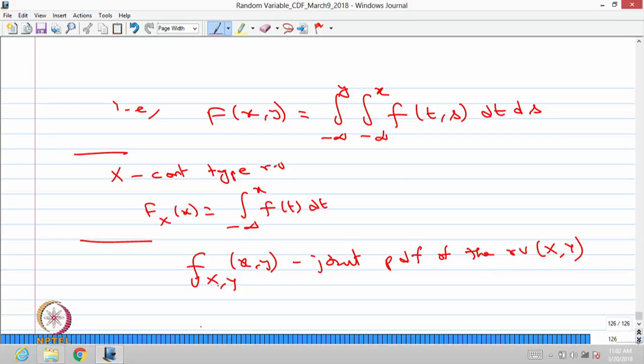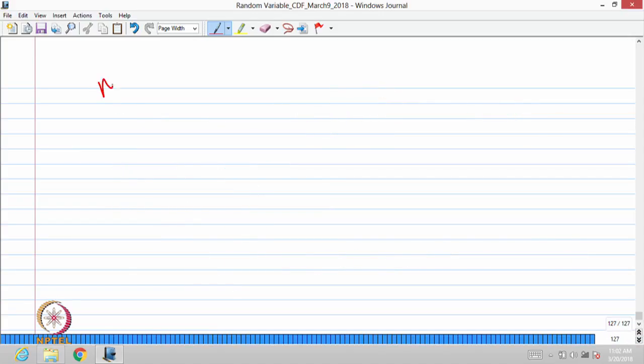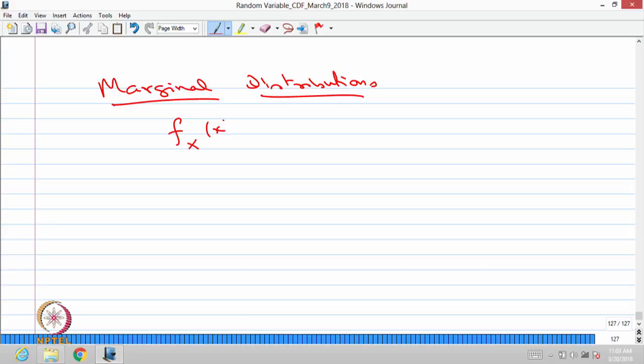From the joint probability density function, one can always get the marginal distributions. The marginal density of x is obtained by integrating the joint probability density function with respect to y.